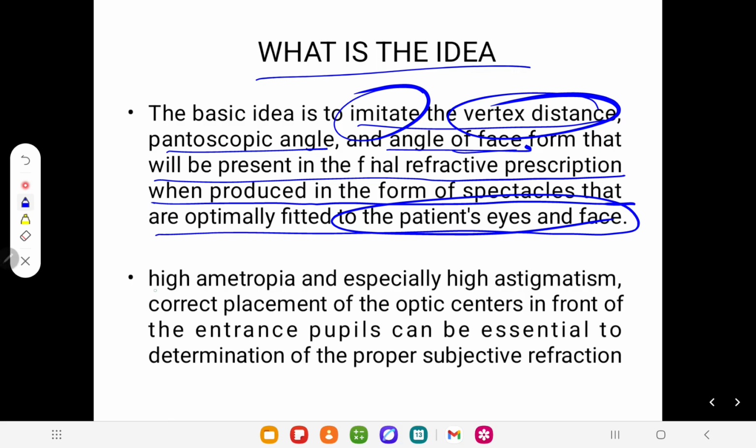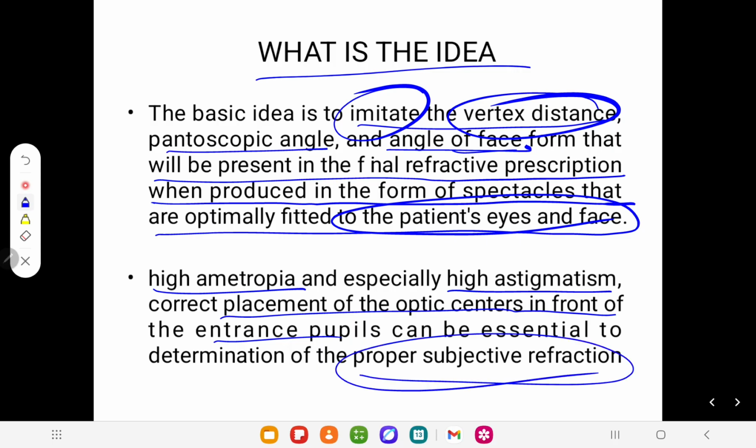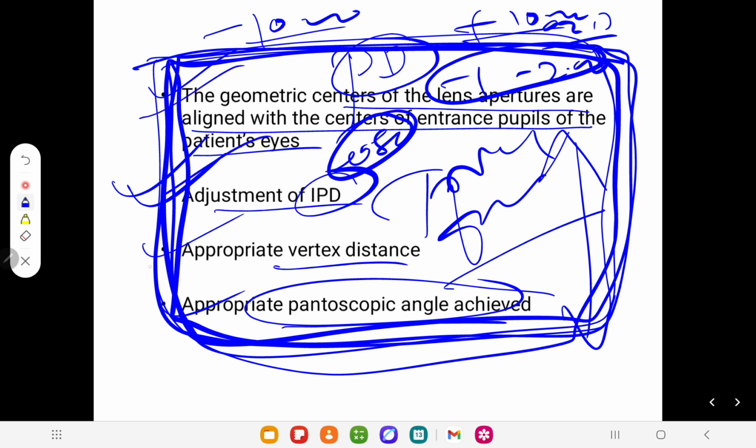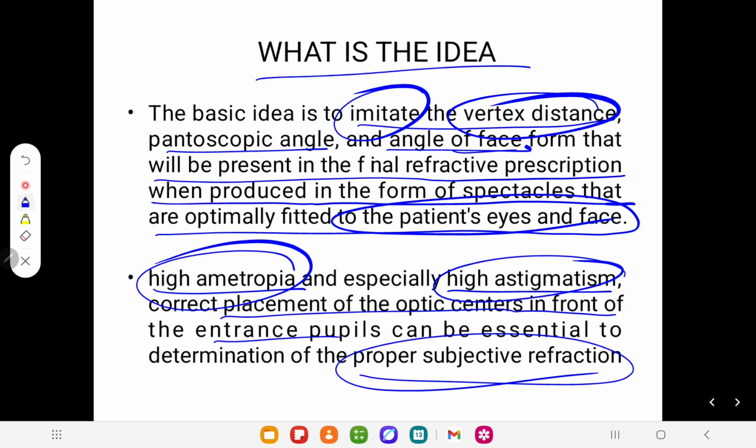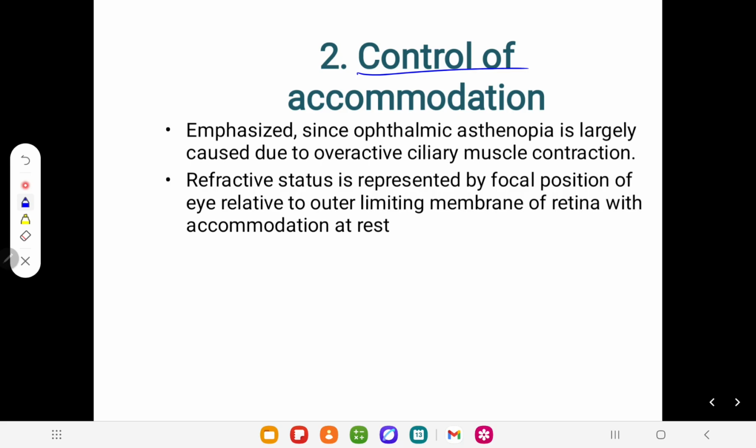The concept is especially for high ametropia and especially high astigmatism. Correction takes place with the optical center at the entrance pupil. For very proper subjective refraction, especially in case of high ametropia and high astigmatism, it's important that you see these four things.